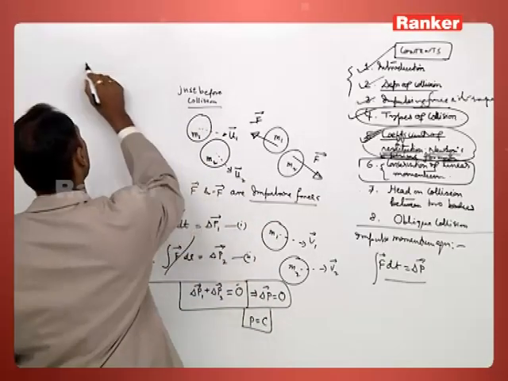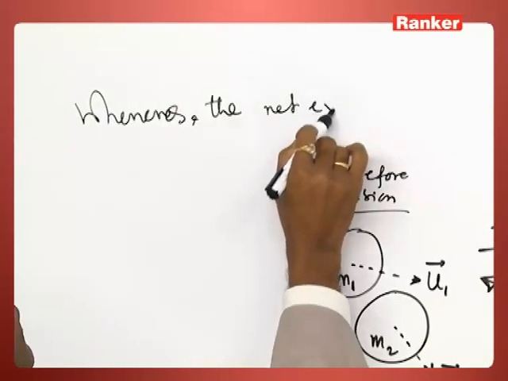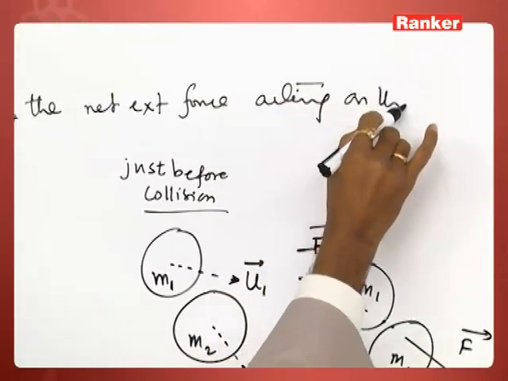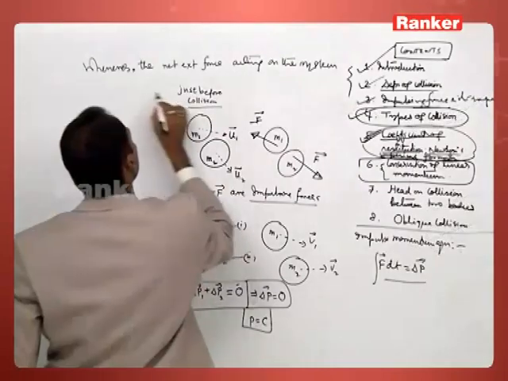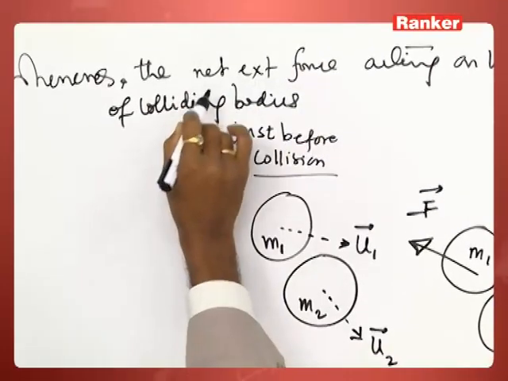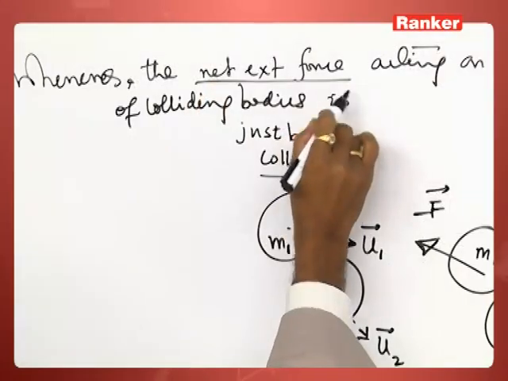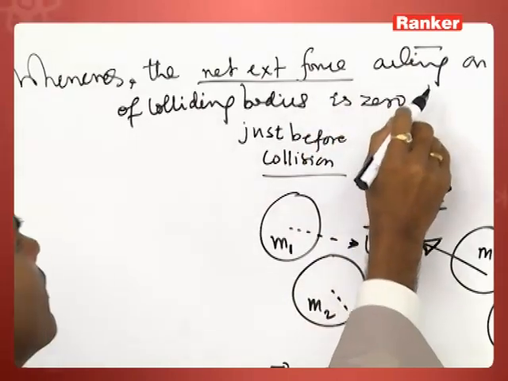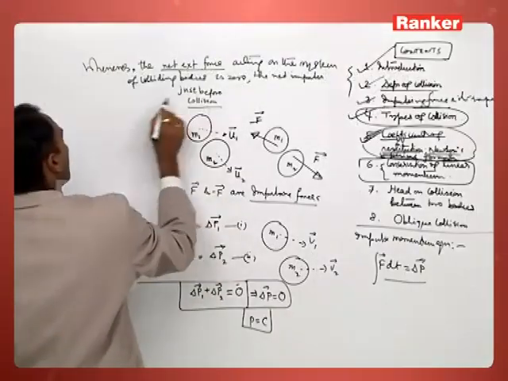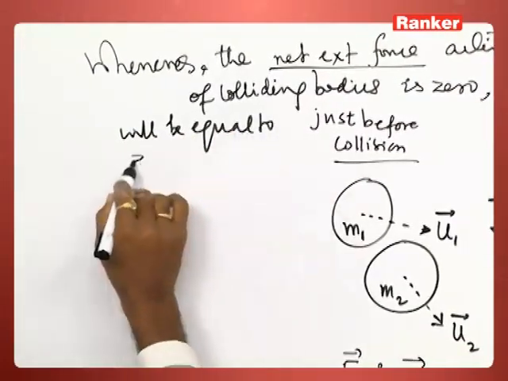Which tells that whenever the net external force acting on the system of colliding bodies is 0, the net impulse will be equal to 0.